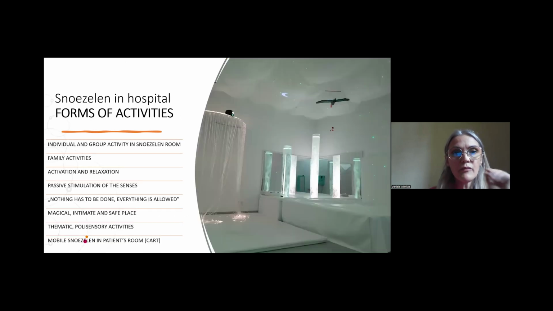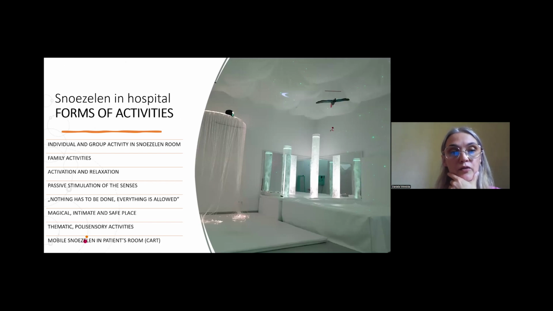Snoezelen in hospital: forms of activities. There are individual and group activities in the snoezelen room, but in a group, I think about 5 persons, no more, because every person adds more stimulation. But I prefer individual therapy because I can use more therapy.